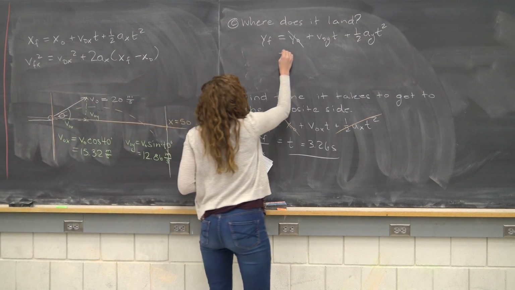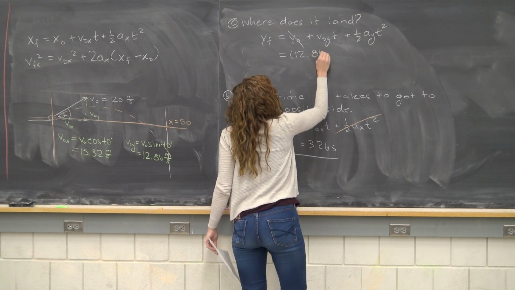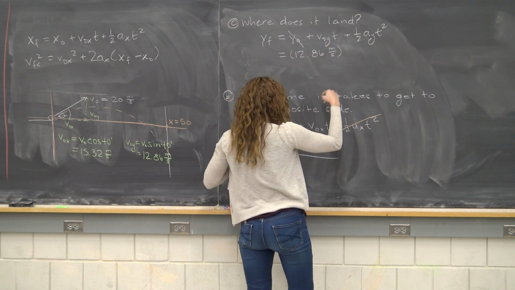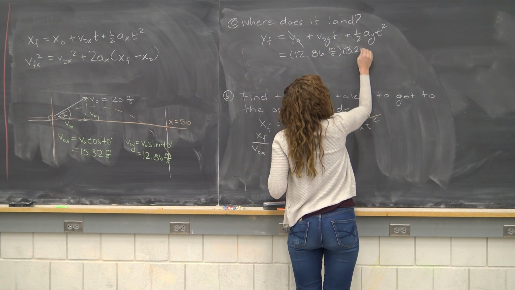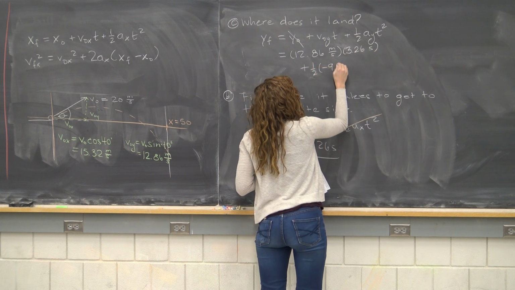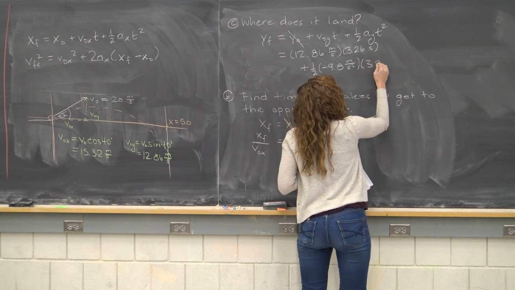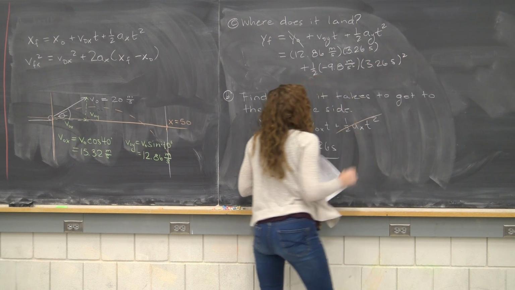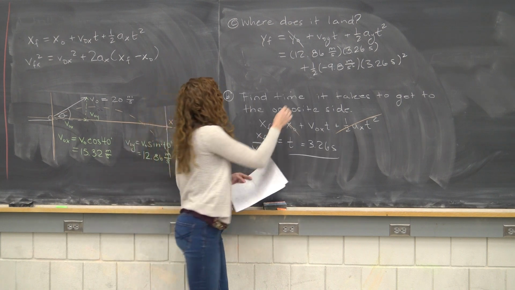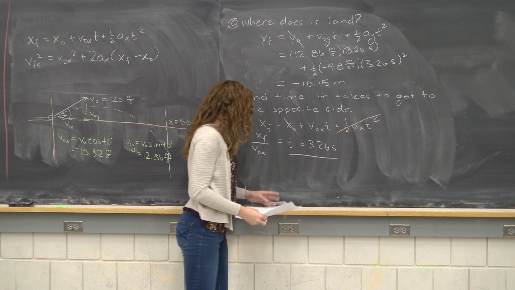Our v naught y we already determined, that's 12.86 meters per second times this 3.26 seconds plus 1/2 times negative 9.8 meters per second squared times 3.26 seconds squared. And so I end up with negative 10.15 meters. So what's this mean?